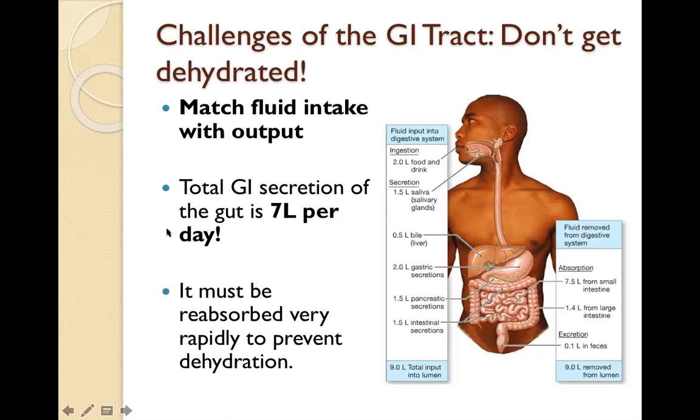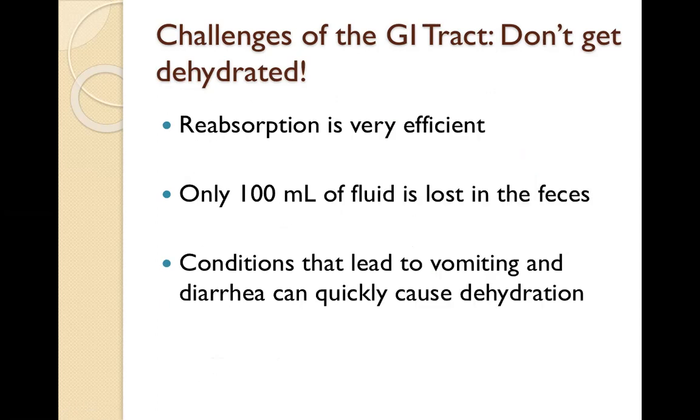Now, that's a lot of fluid, and if we don't have an ability to reabsorb that fluid, we can very quickly get dehydrated. So we have to make sure that the fluid that we take in from our food and drink is really matched by the amount that is reabsorbed. And so we'll look at ways that our GI tract does that.